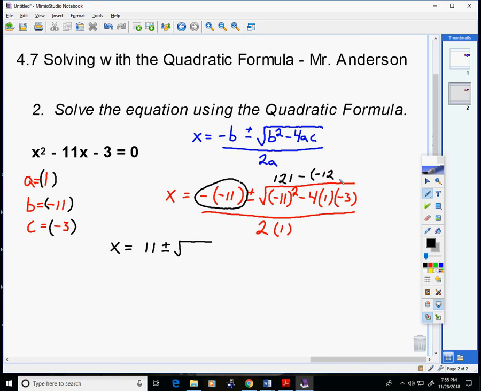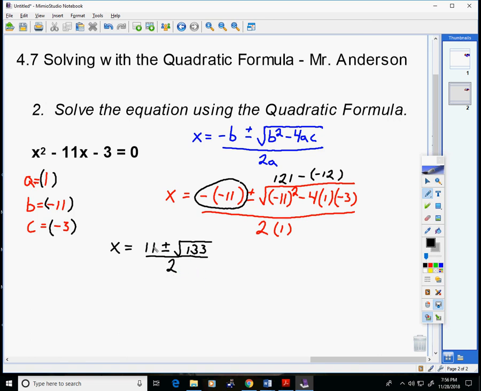So minus a negative 12. So this is what I'm going to write underneath the square root here. 121 minus a negative 12 is plus 12, so that would be 133, all over 2 times 1 is 2.